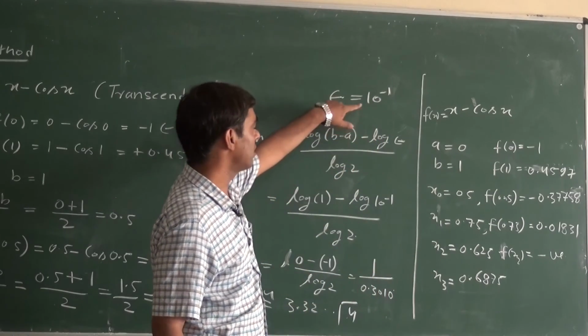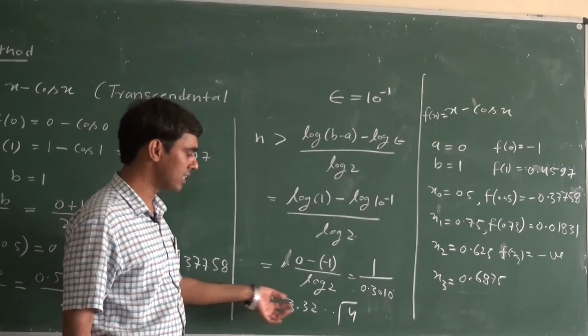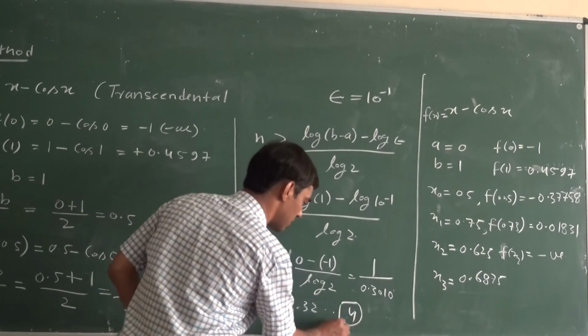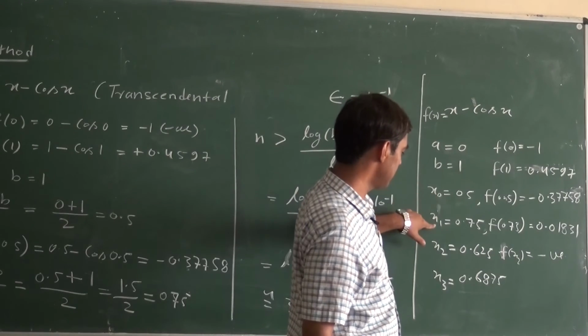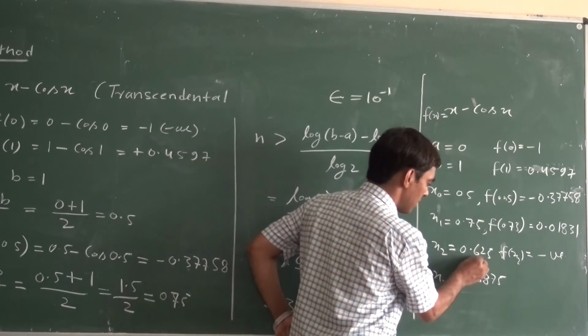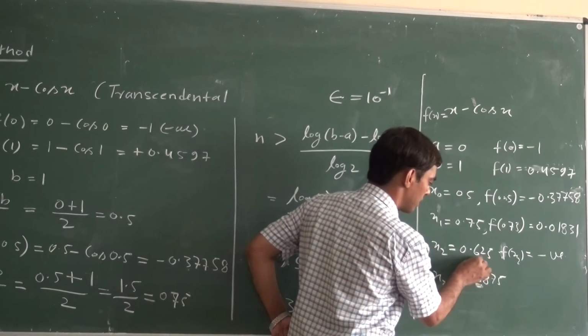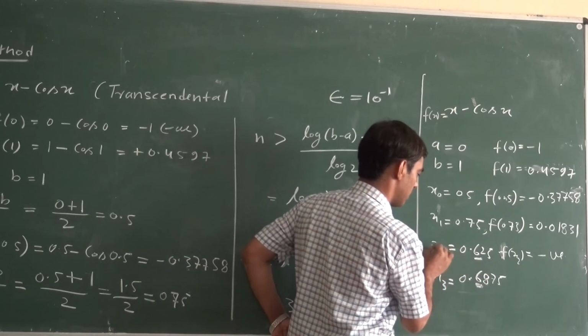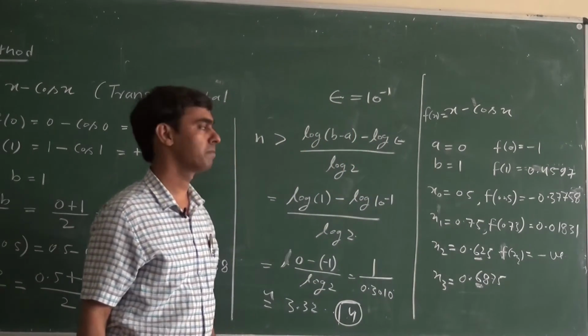So up to 1 decimal place, what is the minimum number of iterations required? The minimum number of iterations is 4: first iteration, second iteration, third iteration, fourth iteration. Here the root is repeated up to 1 decimal place, so the root correct up to 1 decimal place is 0.6.